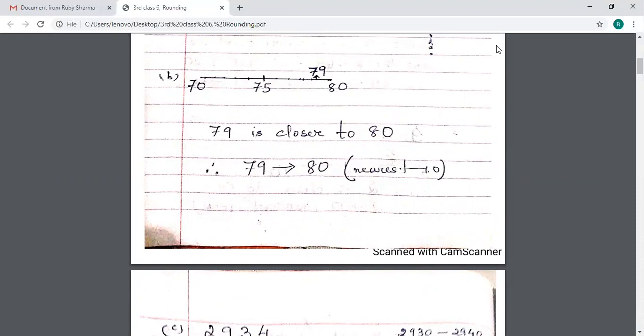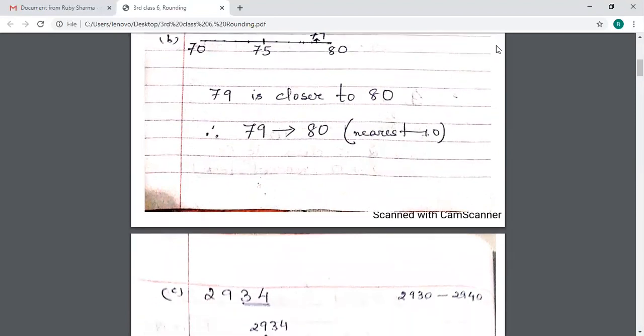Then find out the midpoint, it is 75. The midpoint helps us to find out. Now 75 is the midpoint, so we know 79 is on the right hand side of 75. So it is closer to 80. So 79 is rounded off to 80 when we have to round off to nearest 10.